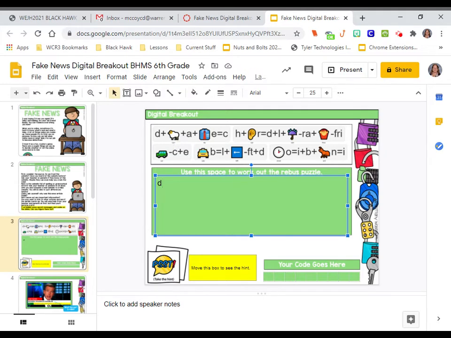So I'm going to type the word ram right after my D. And then it says to add an A. So I'm going to add an A. Then it says to add the word tie, which is TIE, but instead of the E equals C. So instead of TIE, it's going to be TIC. I'm going to put TIC. And there's our first word, dramatic.